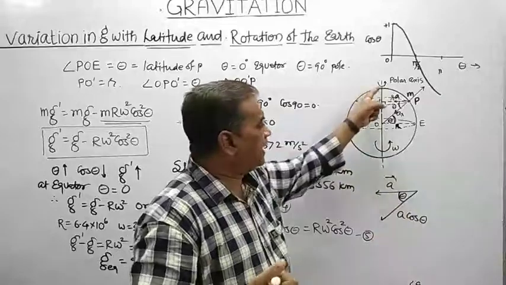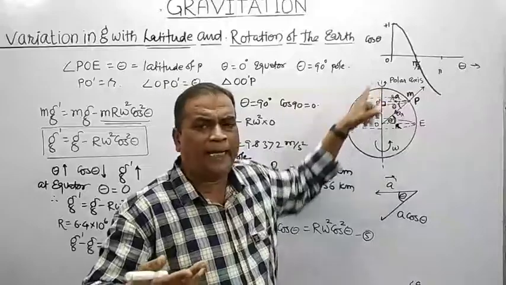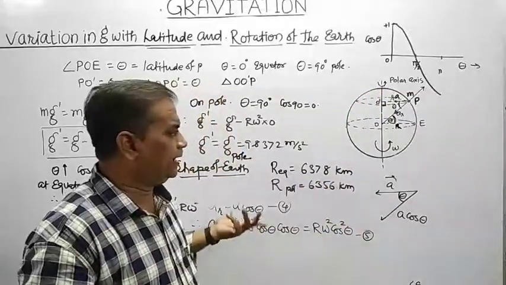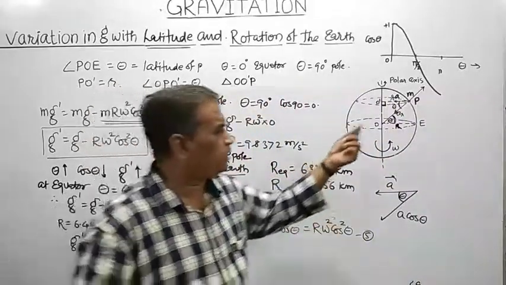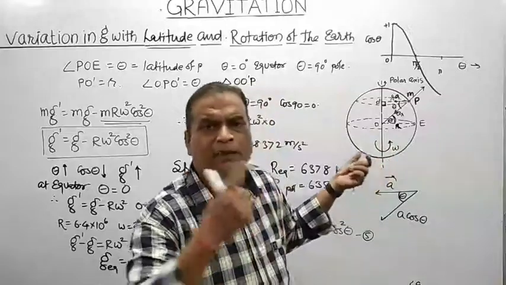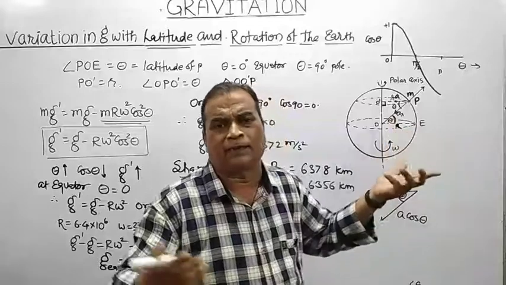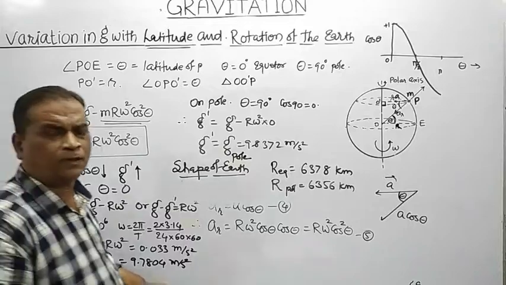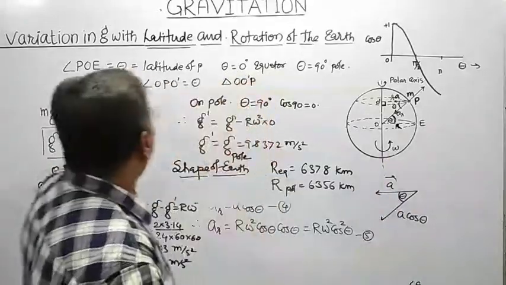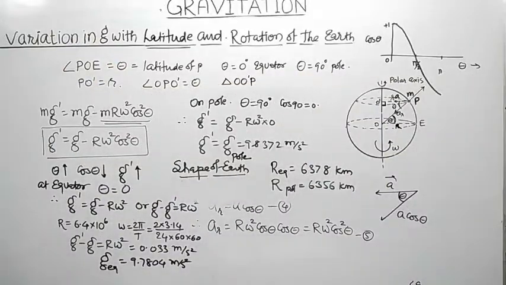And the radius at the pole is less, so that's why acceleration due to gravity at the pole is more, whereas for a particle at the equator, there is an effect of the rotational motion of Earth, and also the radius of Earth along the equator is more, so that's why acceleration due to gravity at the equator is less. So this is all about how the acceleration due to gravity g varies with latitude, and what is the effect of the rotation of Earth on acceleration due to gravity.